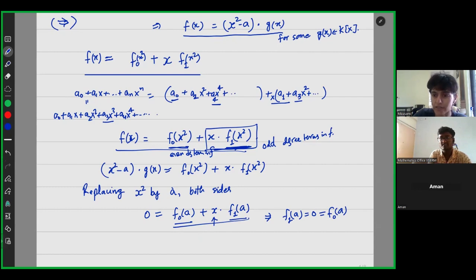We would need induction for this, right? We won't be able to prove it immediately for higher degrees unless we assume it for polynomials of lower degree, of this type x raised to p minus a. Would we need induction for it?